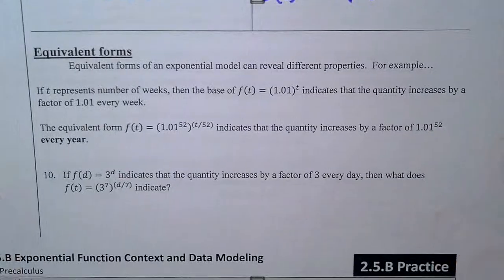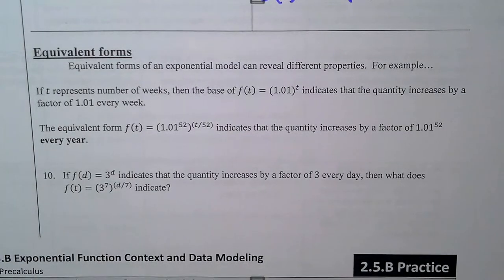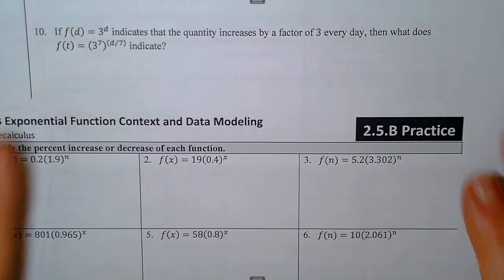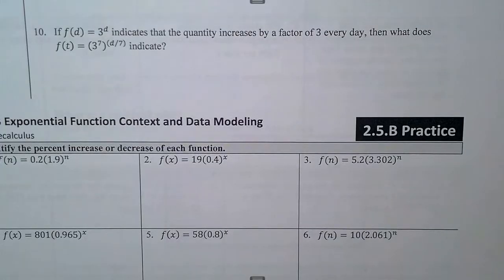This part is a little bit confusing. I feel like when I read this, it gets confusing. Okay, so let's look at this number 10. If f of d equals 3 to the power of d, that indicates that a quantity increases by a factor of 3 every day.